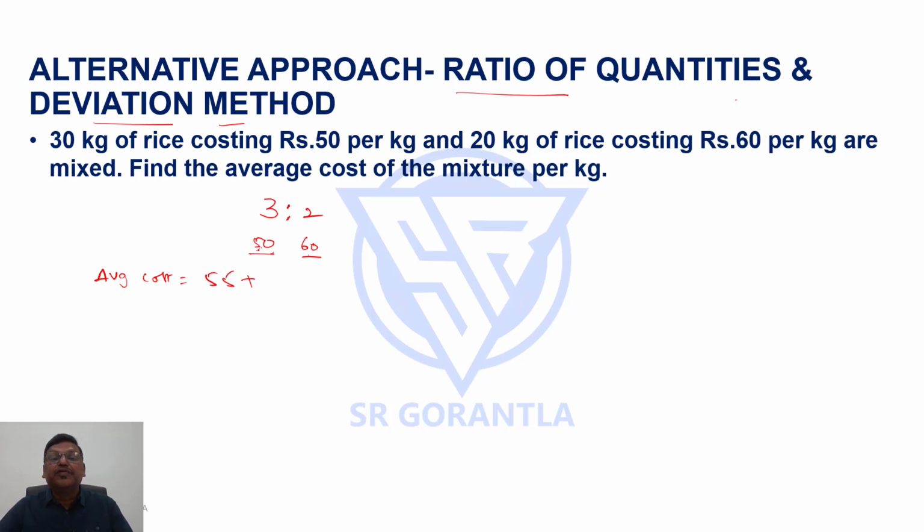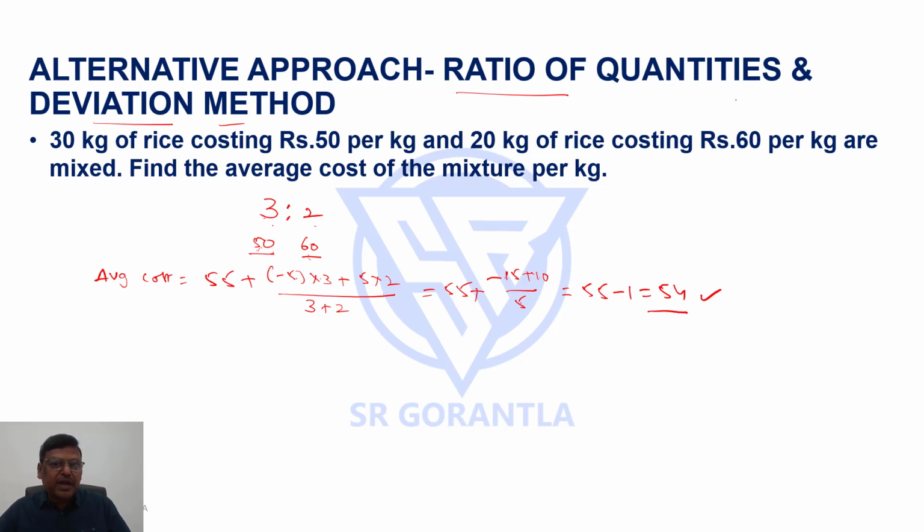Then I'll take this 50 as minus 5 into 3, and this 60 as plus 5 into 2, by 3 plus 2. See, we are dealing with small numbers. It will be easy for calculation. See here, it is minus 15 plus 10, minus 5 by 5, minus 1. 55 minus 1, my answer is 54.